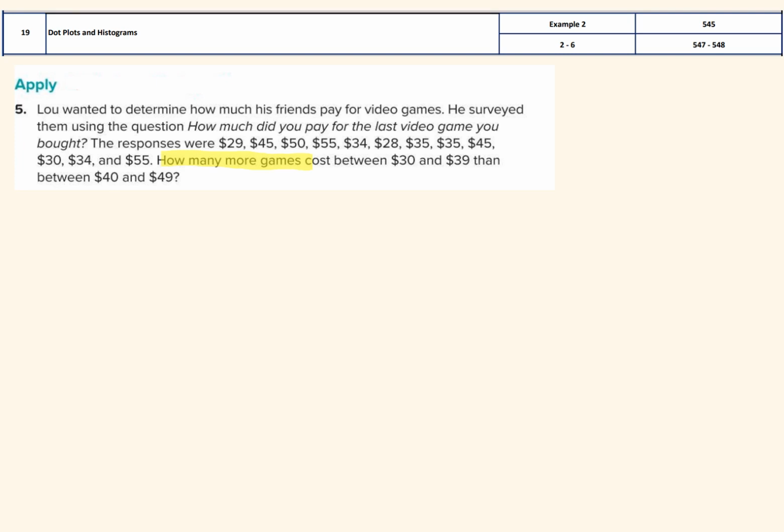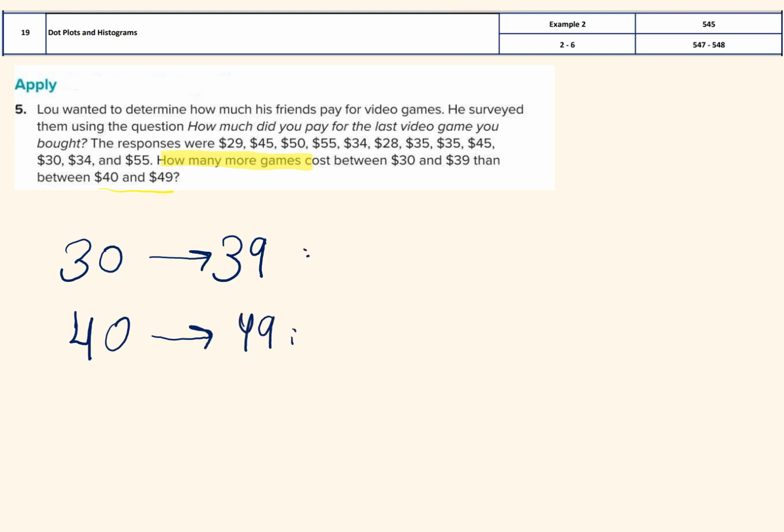So now I'll be finding the number of values between 30 and 39 and the number of values between 40 and 49, as you see here. So you will start counting how many values we have between 30 and 39, and how many between 40 and 49.